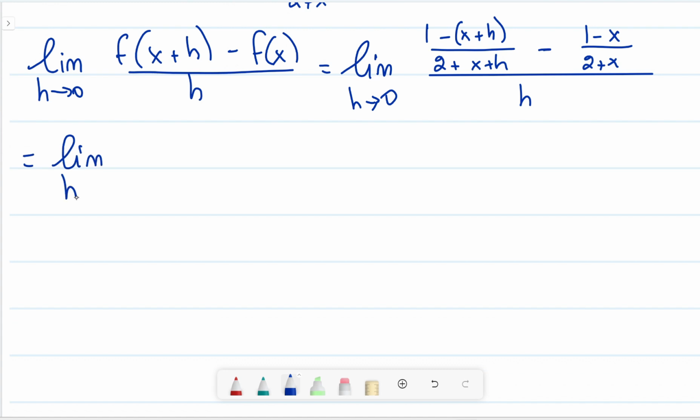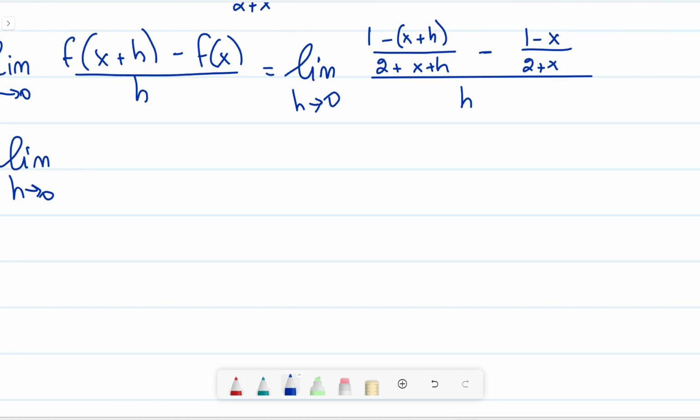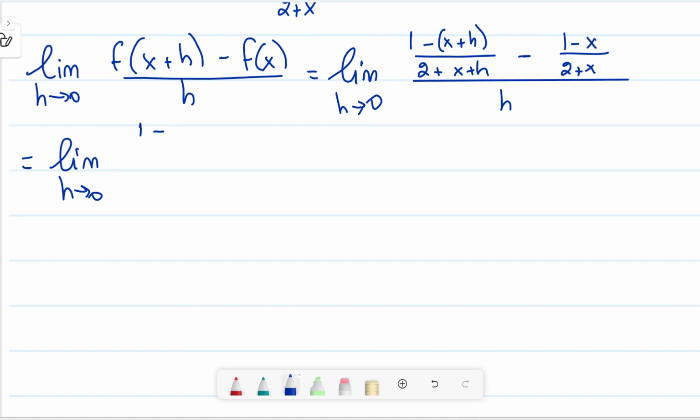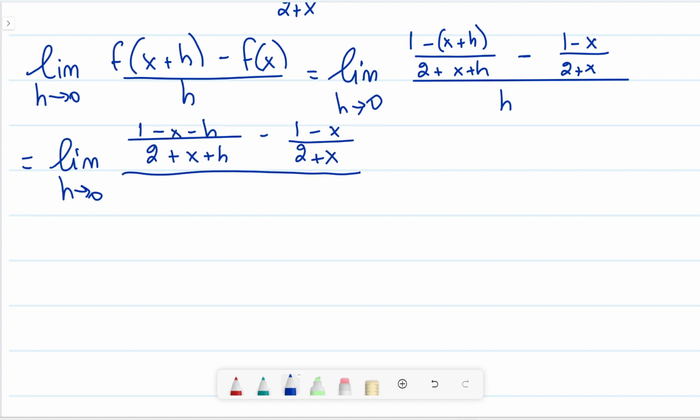So now, let's simplify this. Let's combine the fractions. First of all, in the numerator of the first fraction here, we have 1 minus x minus h. We distribute the negative, divided by 2 plus x plus h. And the second fraction stays the same.